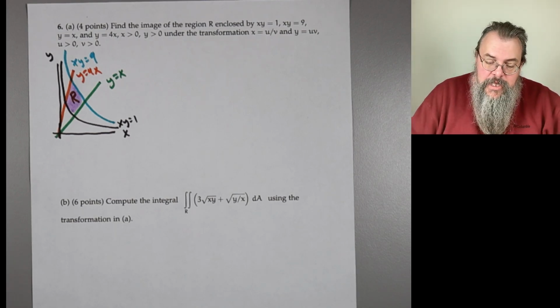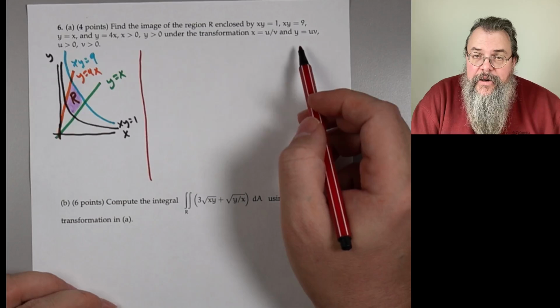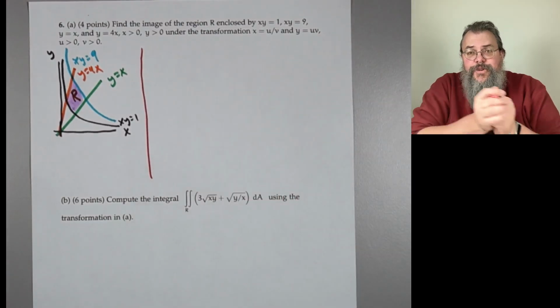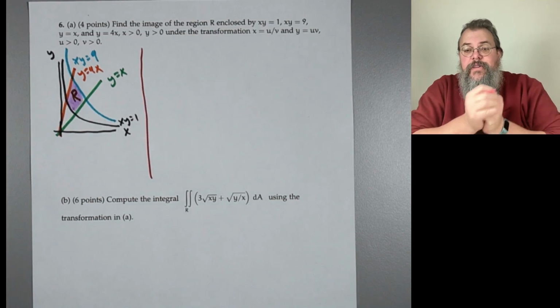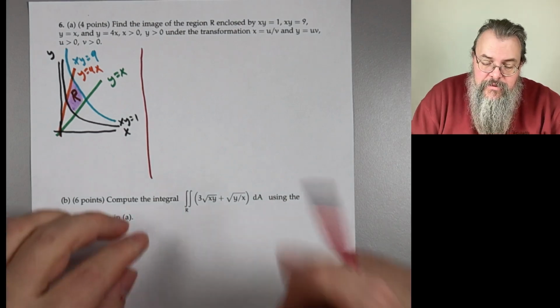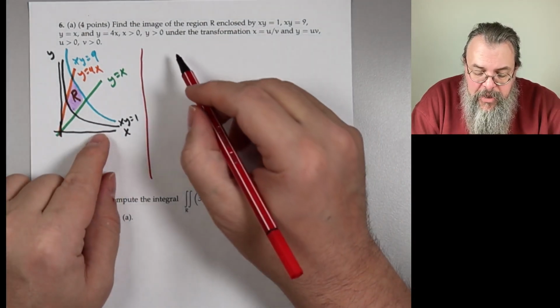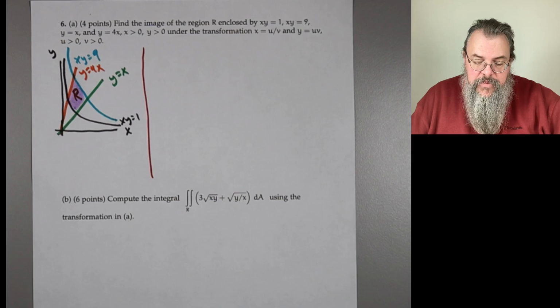Now, they made it really easy for us because what have they done? They told us what x and y are in terms of u and v. Because there's two choices. You say, what is u and v in terms of x and y? What is x and y in terms of u and v? Because they told us x and y in terms of u and v, we just go through one by one and talk about what our bounding curves become.